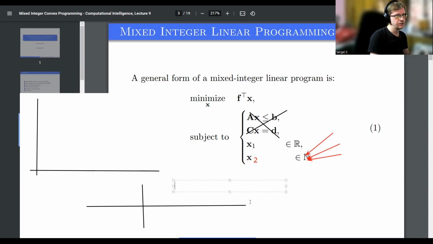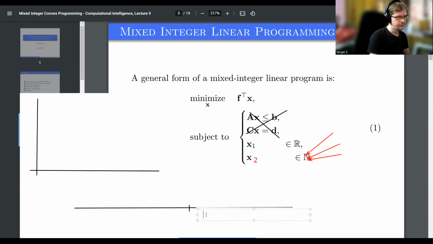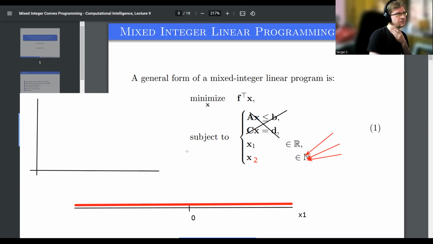I don't even need a second line, right? It will be just so difficult to draw in Zoom. Sorry about that. Here is 0.0, here's 0.0. And the entirety of this domain for x1 would be admissible. So we could denote it like this. This whole thing is the domain. Okay. Good. Now, what about x2? For x2, it is only integer values.